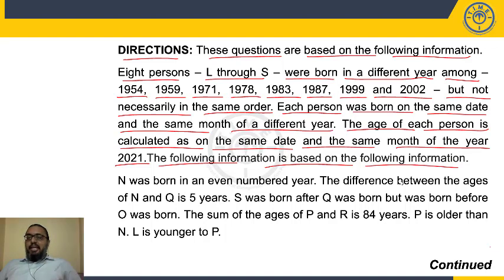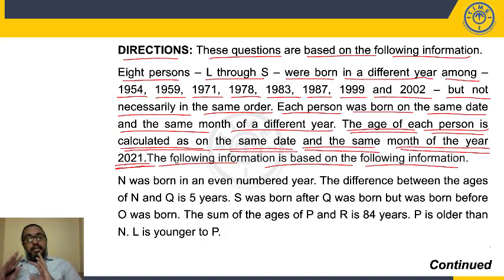Okay, so now we have 8 people and 8 different years. And now, instead of fixing the persons, here we will have to fix the years. Why? Because of this information here. The age of each person is calculated as on the same date and the same month of the year 2021. So once you fix the years, you will also get the ages.